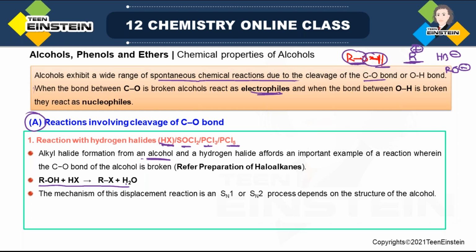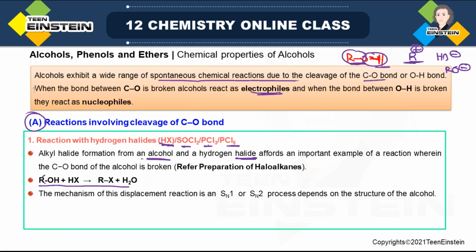From the point of view of RX, it is synthesis of RX, alkyl halide, and if you consider it from the point of view of alcohol, then it is chemical properties of alcohols. So when you are treating alcohol with HX, you are getting RX. Alkyl halide formation from an alcohol and hydrogen halide, that means HX, affords an important example of a reaction where the carbon-oxygen bond of the alcohol is broken.